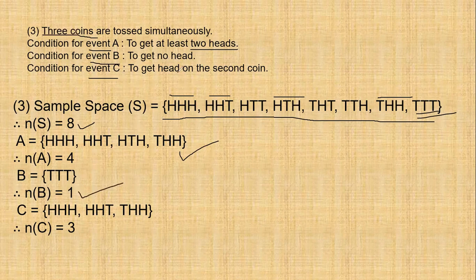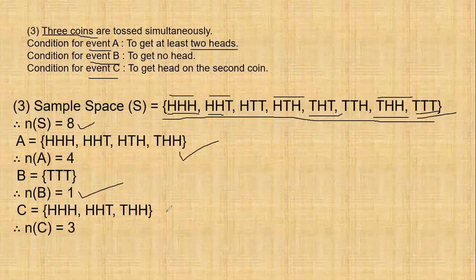Then event C, to get head on the second coin. So that is first one, HHH, HHT, then THT, THH. Like that you get the head on the second coin. Here HHH, HHT, THH and THT.